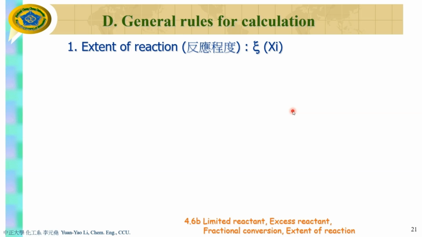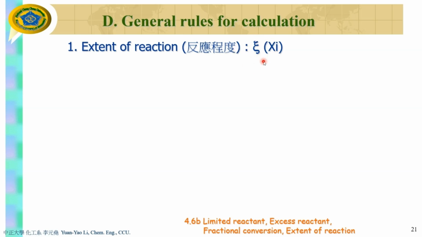The first one is called extent of reaction. We use this symbol, we call it ξ. This is a kind of Greek symbol, okay? Greek symbol.